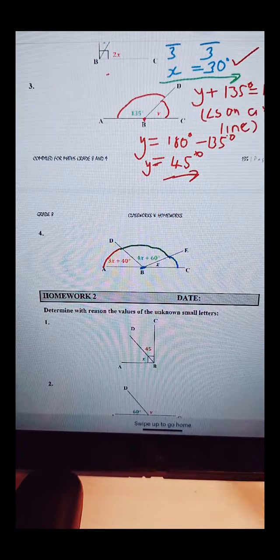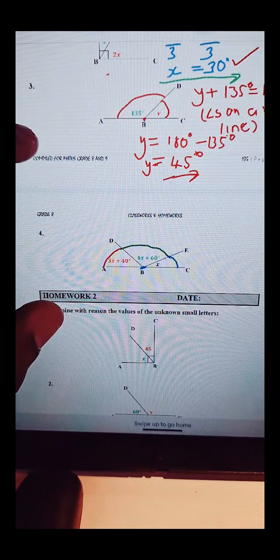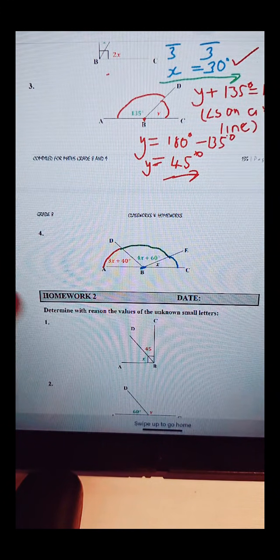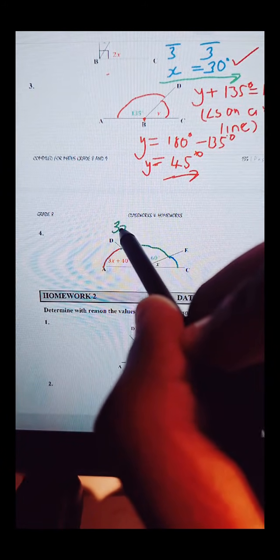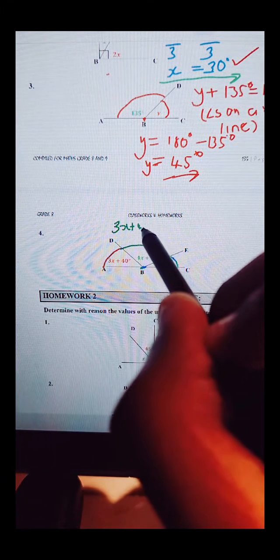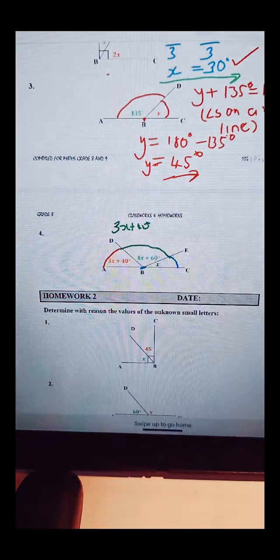Okay, so what is the statement that we write here? What do we write? Well, we can say 3x plus 40 degrees.